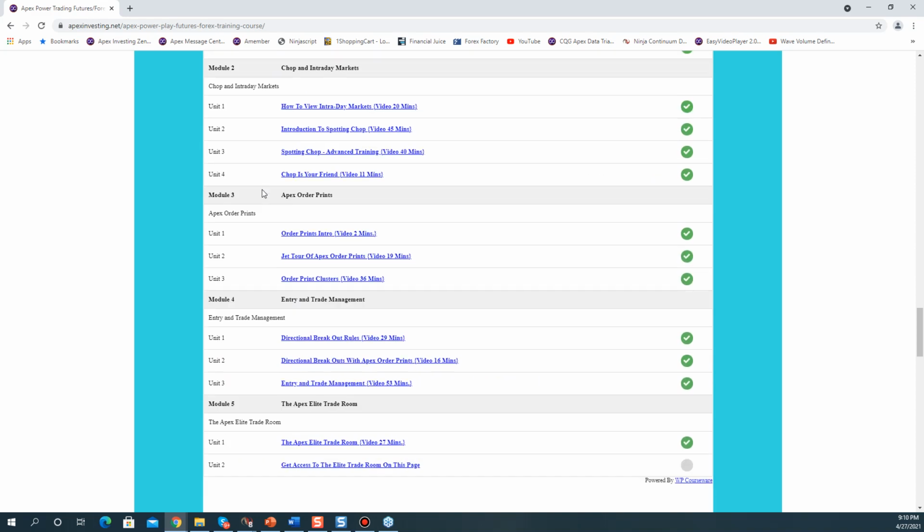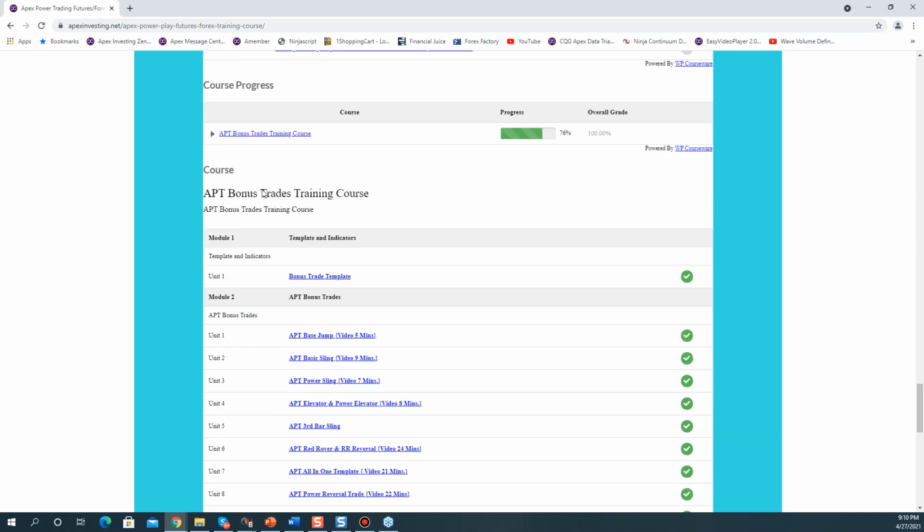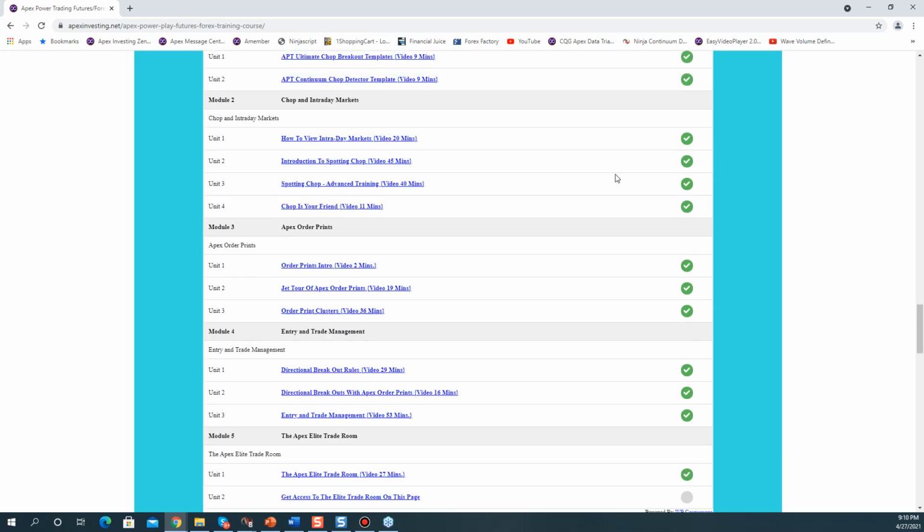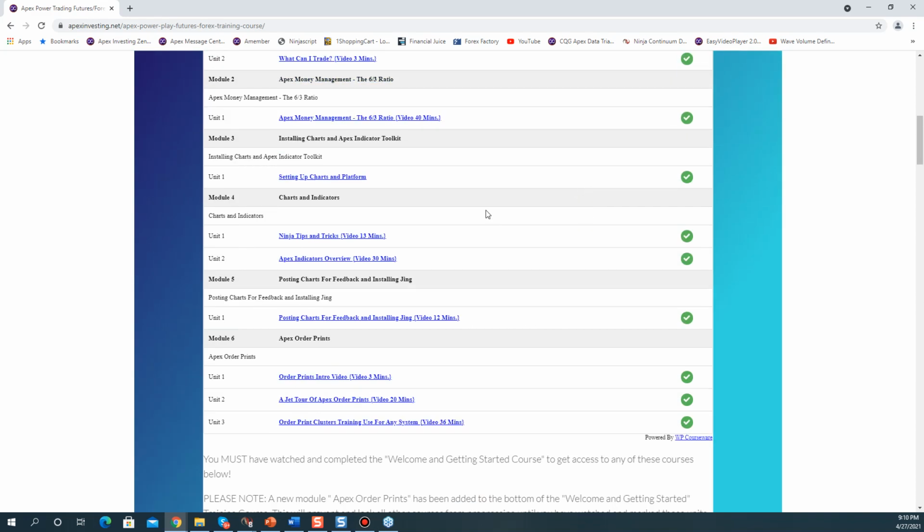You can keep going down through here, and there's just all kinds of trades in here, okay? Old stuff we used to call base jumps, power slings, elevators, third bar slings you're familiar with, but that has become really advanced. Power play 1 and 2, okay? Mini magnet crossovers. Again, this is for later on after you've mastered Sniper, okay?